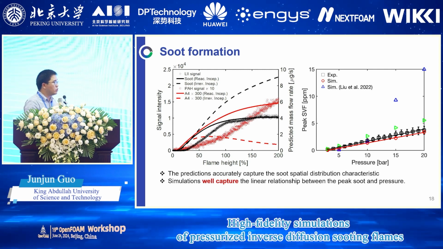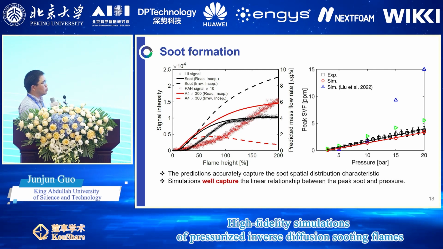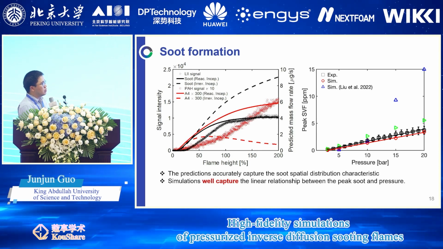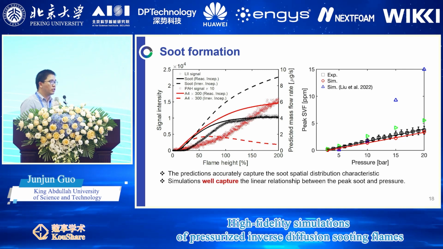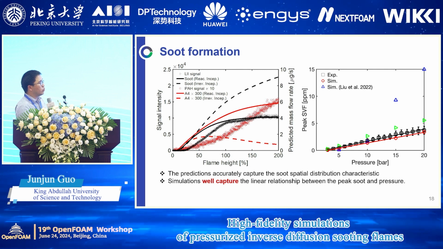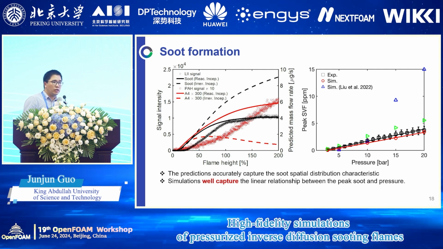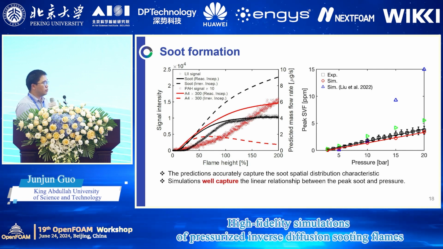So in the simulations, the black line is the model we use in this study, which is a reactive inception model. We capture this flat region. But if you use a traditional inception model, which shows this dashed line, it will continue to increase soot. The reason behind that is that in the classical model, you don't involve the radicals.